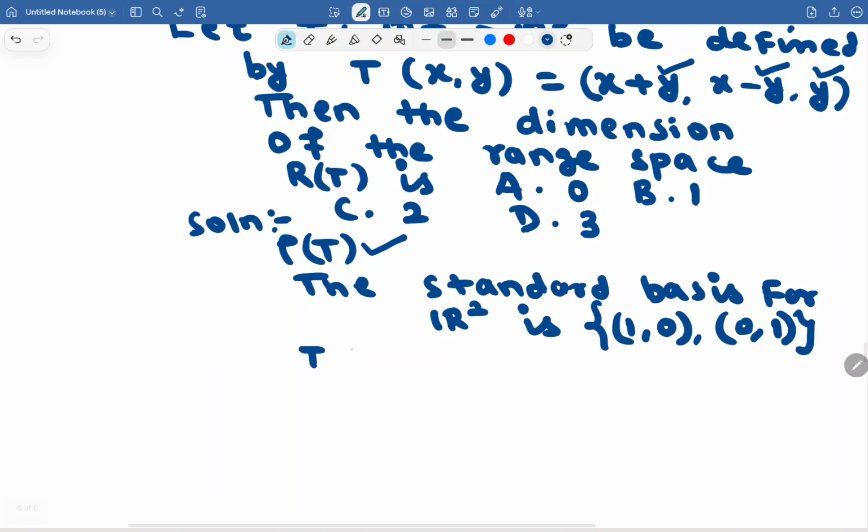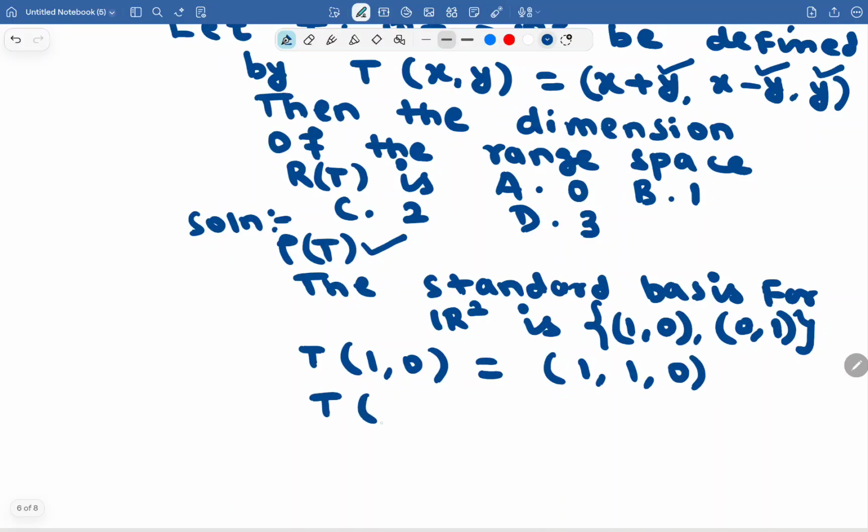Find first of all T of 1, 0. That means x is 1, y is 0. X plus y becomes 1, 1, 0. Now find T of 0, 1. Here x is 0, y is 1. So we get 1, minus 1, 1.